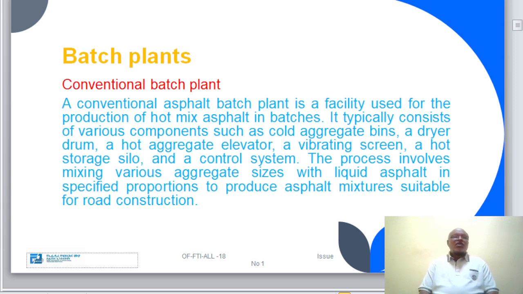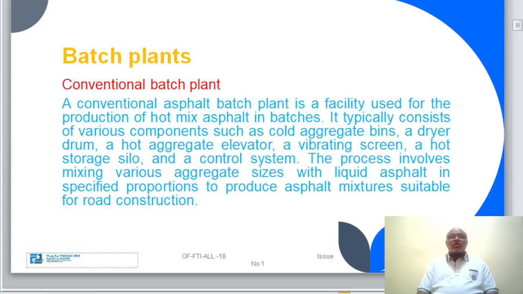If reclaimed asphalt is used, it is added either directly to the mixer, to the superheated aggregate before screening, or in the heater drum. Hot aggregate, reclaimed asphalt if used, filler and hot bitumen are mixed for a certain period, and the produced asphalt is directly unloaded onto the waiting truck or transported by skip to a temporary storage silo.